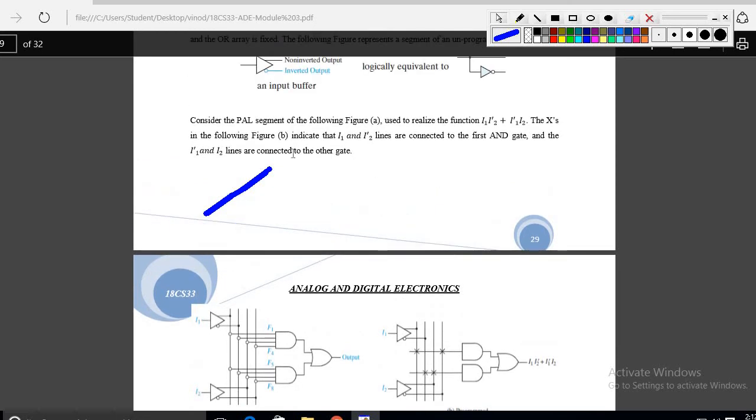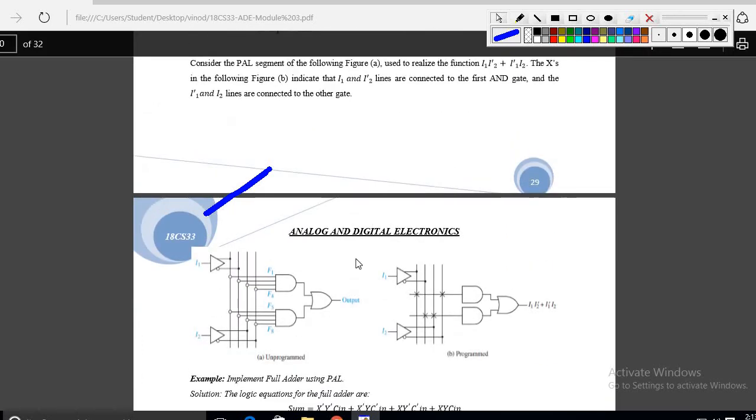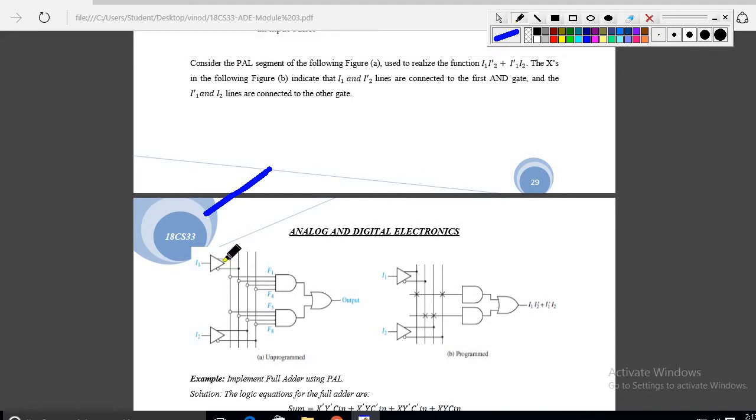Consider the PAL segment of the following figure A. Use the relation I1 I2 bar plus I1 bar I2 where X is in the figure A. So in this figure, what exactly are I1 and I2? If I am connecting, this one is a non-inverted output and this one is an inverted output. So here is F1. If I connect it to all four, what exactly should the output be?